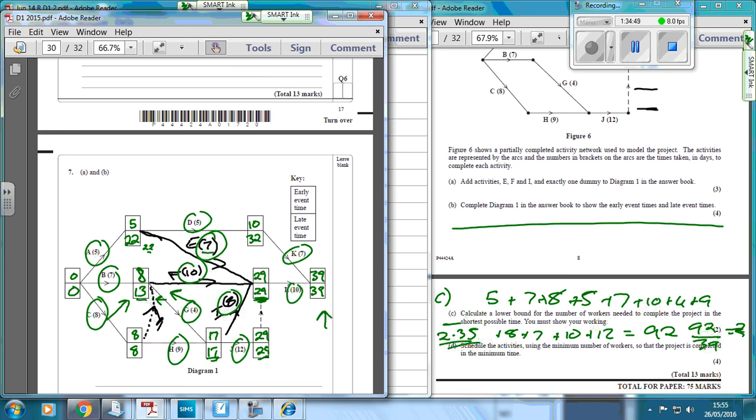Obviously you can't have 2.35 workers, but you don't round to the nearest number. If you need 0.35 of a worker, it means you need an extra worker. Even if it was 2.001, you'd still need that extra worker to do the extra 0.001 person's work. So you always round this up, so that's 3 people.